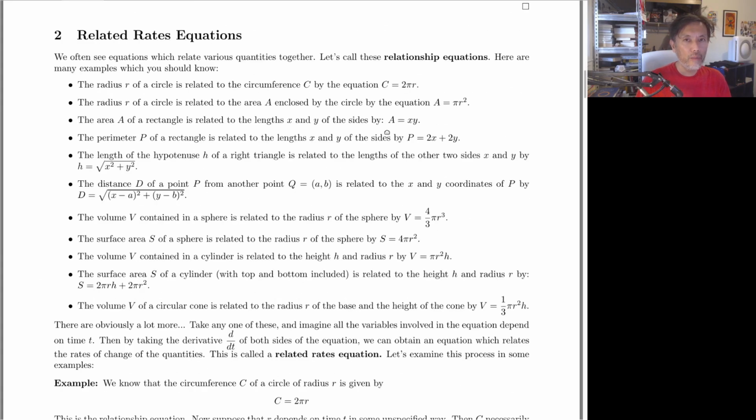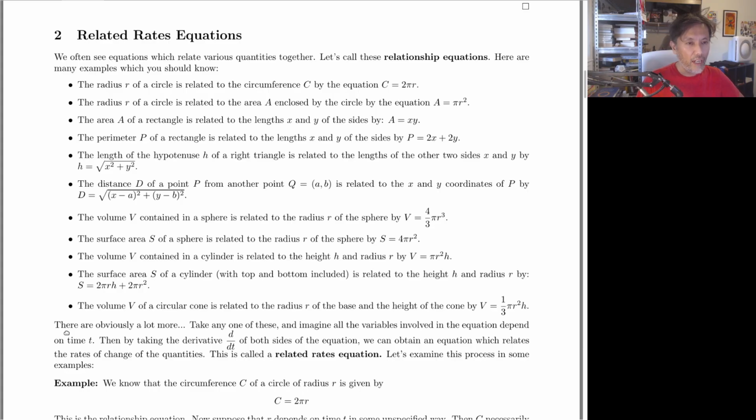Here is where I began in the worksheet, talking about relationship equations. And you can see I've given here 5 plus 5 plus 1, so 11 different examples of these, and obviously there are a lot more of them.